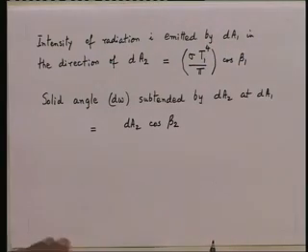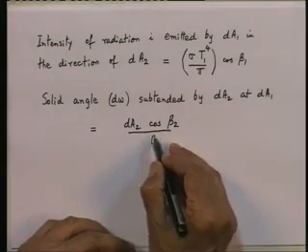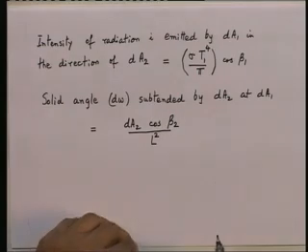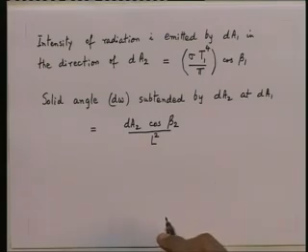That is the area of dA2 normal to L. I want the solid angle. So, obviously, I want to know how much will be cut out on a sphere of unit radius. The area of a sphere is 4 pi r squared. So, if I divide this by L squared, then I get the area cut out on a sphere of unit radius. So, this is d omega.